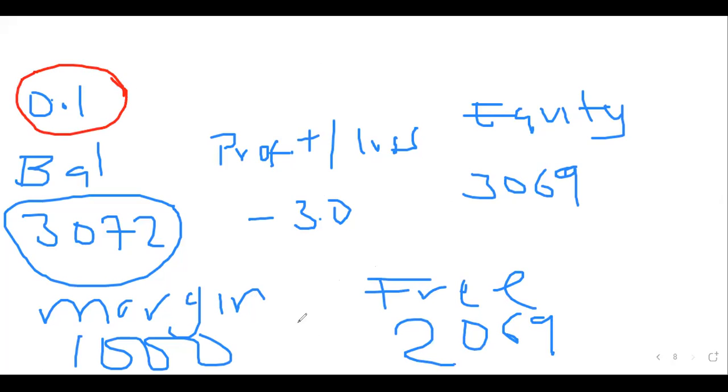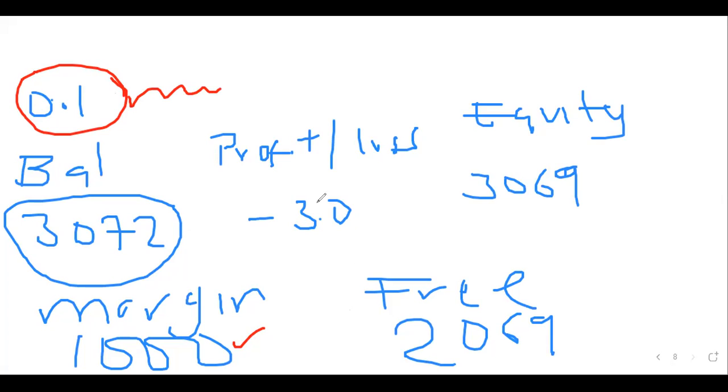The answer is yes, because the margin required is 1,000 and you have 2,000. So you can even open 2 more positions of this, because the loss is still at -3.